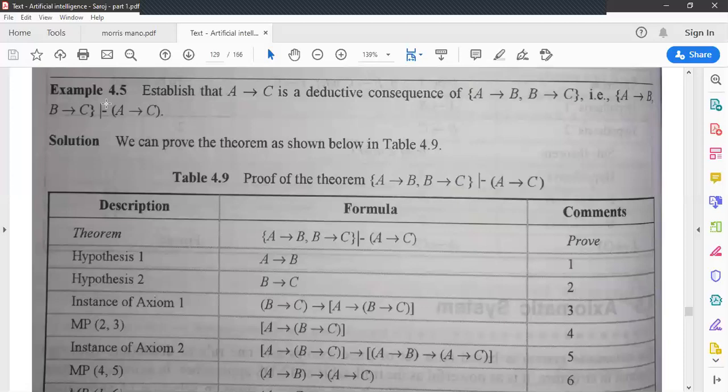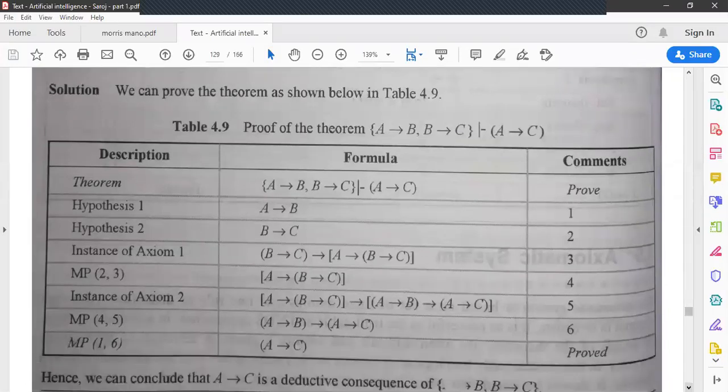This is a symbol to denote deduce. So A implies B, comma B implies C, deduce A implies C. How can we prove this? To prove this, you need to start with the given theorem. The given theorem is this: A implies B, comma B implies C, deduce A implies C.